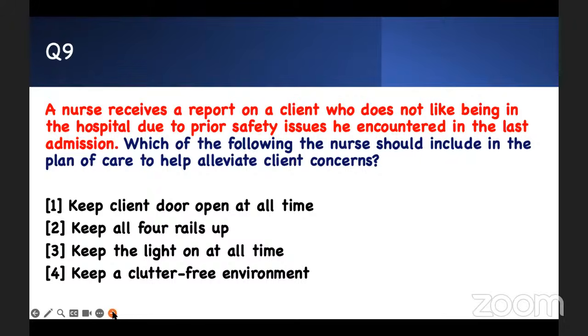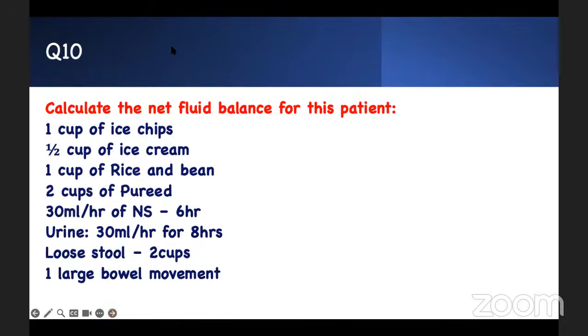And the last question is a calculation question, just to show you people always have problems with this. They say strategy. First thing, there's a different kind of cups. But when they give you one cup, most of what they will give you in your question will be 1 cup, 8-ounce cup.